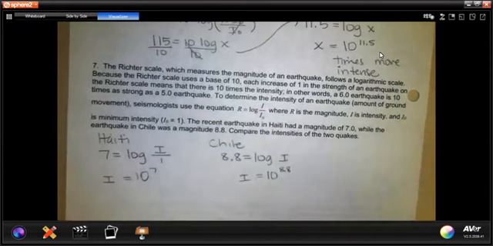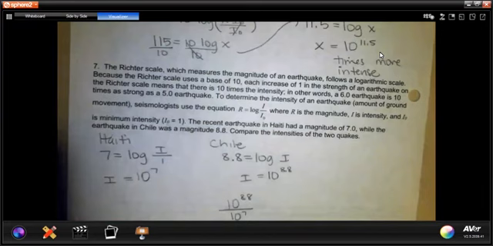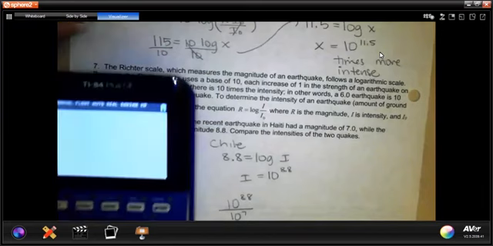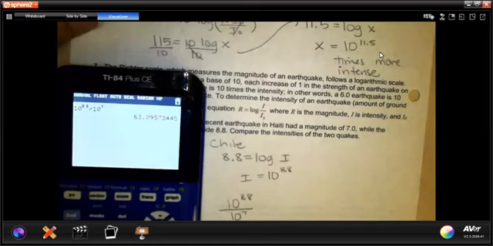If we want to compare the two to see how much stronger that Chile one was, we would take that 10 to the 8.8 and divide it by 10 to the 7th. So we get 10 raised to the 8.8 power divided by 10 to the 7th power. So it was 63 times as intense.